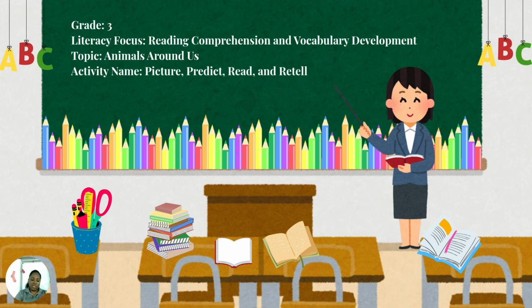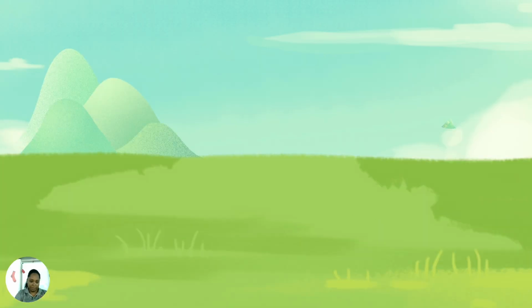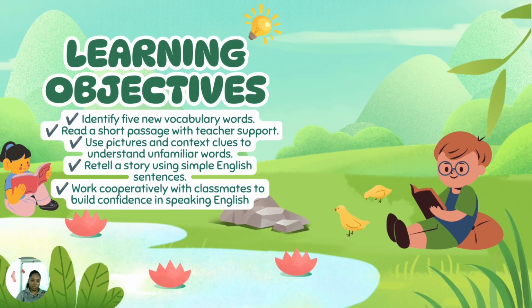The activity encourages students to participate actively while supporting their language development. Our learning objectives address the four major literacy skills, which are listening, speaking, reading, and comprehension. They also promote confidence, which is especially important for second language learners.